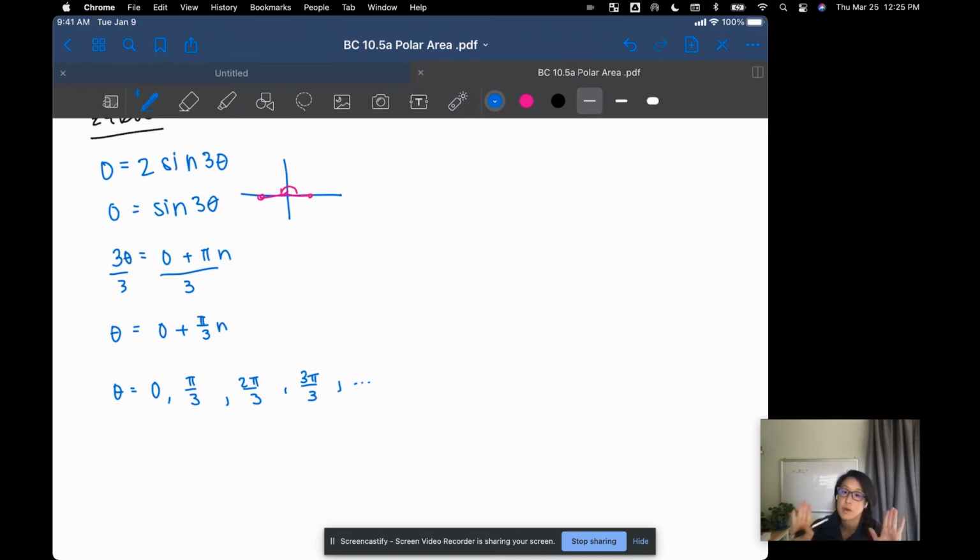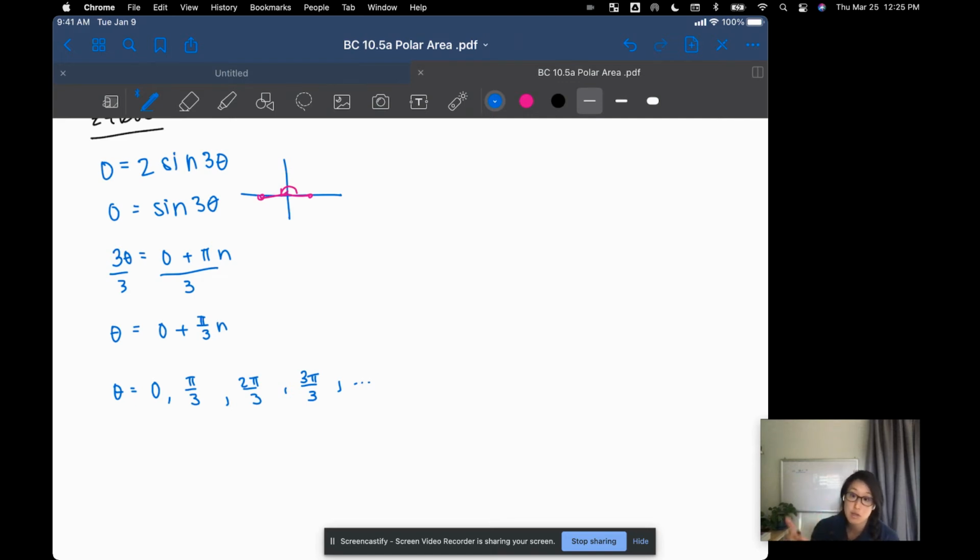But remember, what happens with a rose curve that has an odd multiplier in front of theta is that the graph repeats itself.